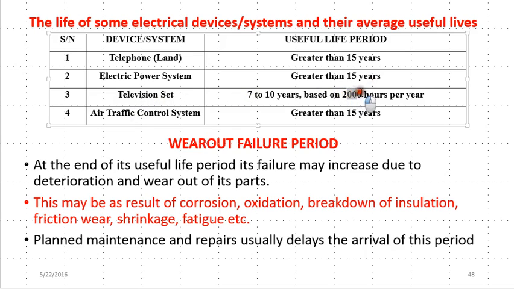Using 2,000 hours per year. And the air traffic control system that they use in aviation and in airports has a life expectancy of more than 15 years. Solar panels have a life expectancy of around 25 years, and so on for different components.